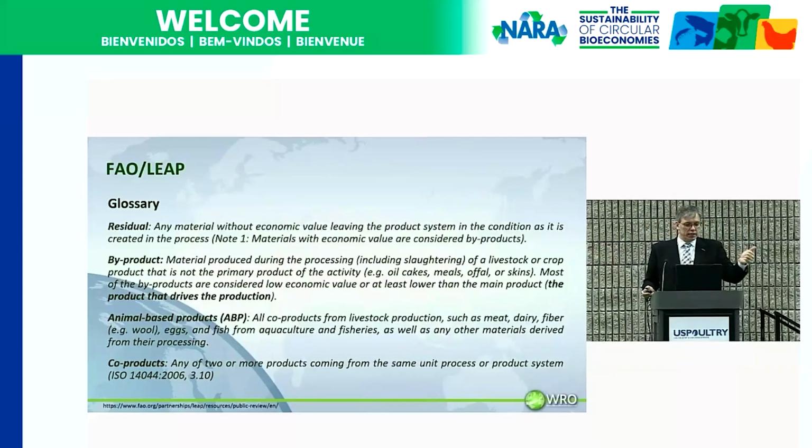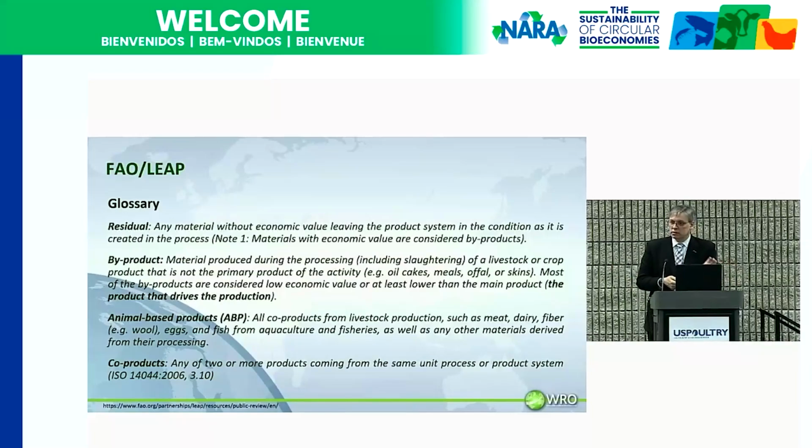A residual is any material without economic value, leaving the product system in the condition as it's created in the process. If there is value, it's considered a byproduct. A byproduct is a material produced during the processing, including slaughtering of livestock or crop, or a product that is not the primary product of the activity.